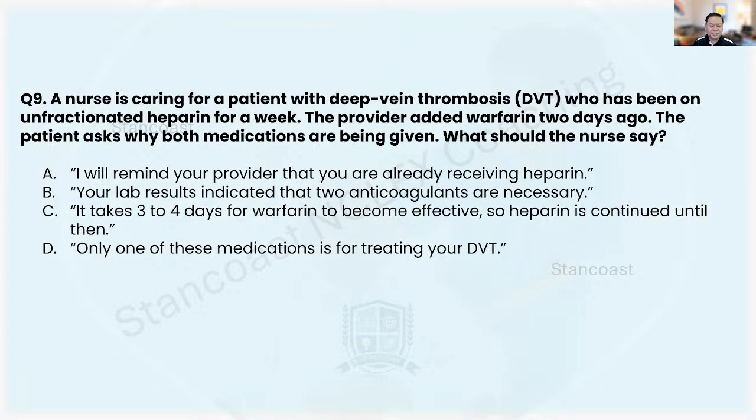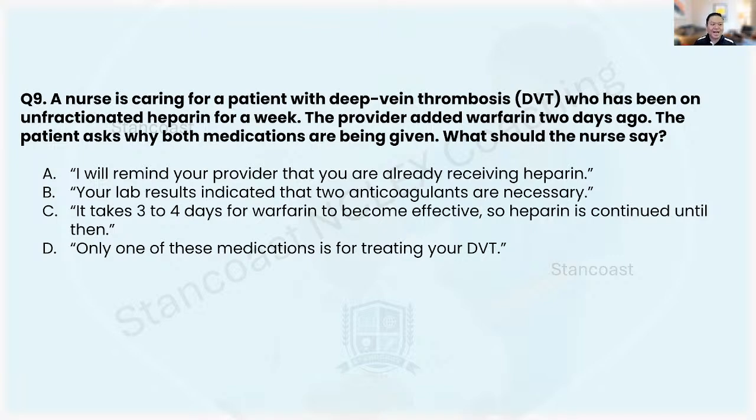The scenario said, a nurse is caring for a patient with deep vein thrombosis who has been on the unfractionated heparin for 1 week. The provider added warfarin 2 days ago. The patient asks why both medications are being given. What should the nurse say?